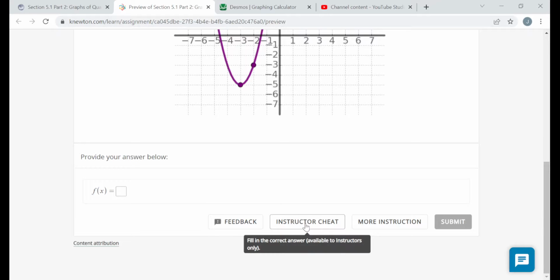You will not have this instructor cheat button. It's for instructors only. But you will have a more instruction button. And if you're struggling with a topic, try clicking on this. You'll be taken to a page with some reading or some videos, and then you'll be given problems related to that instruction. That'd be helpful for you to get through the assignment that way if you want.